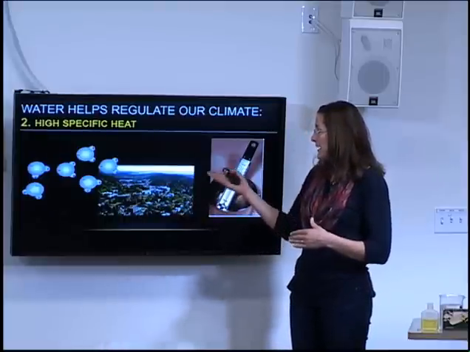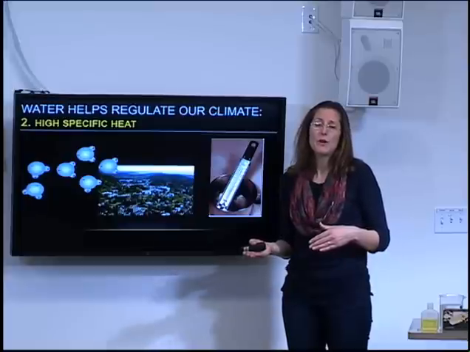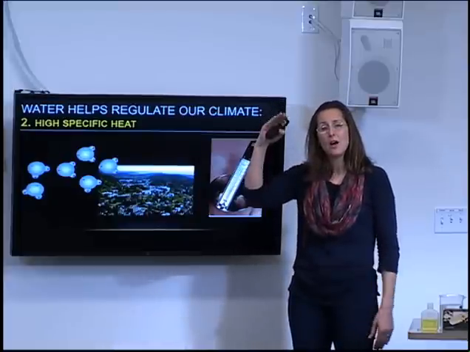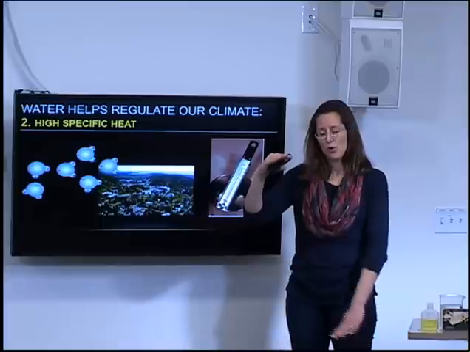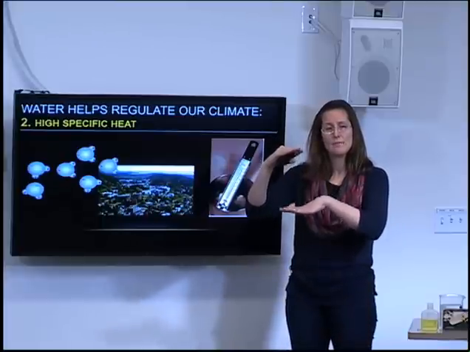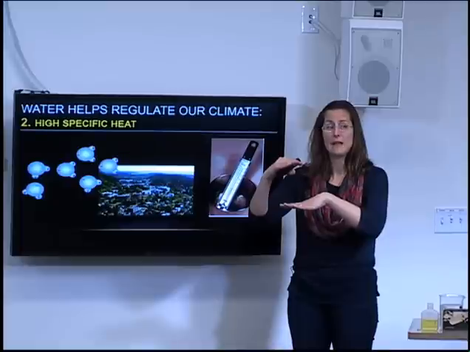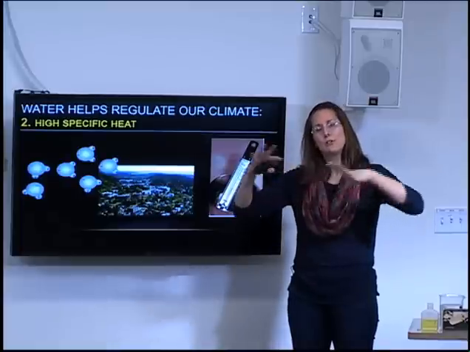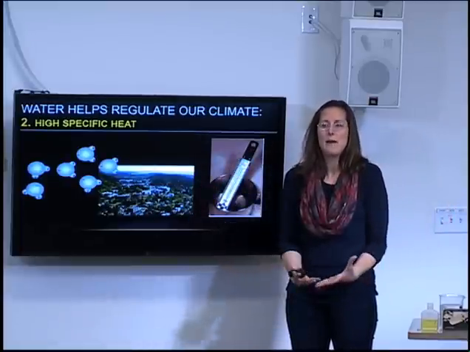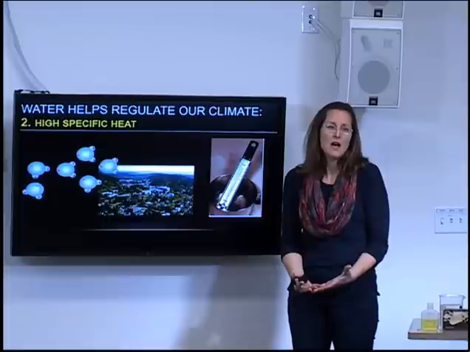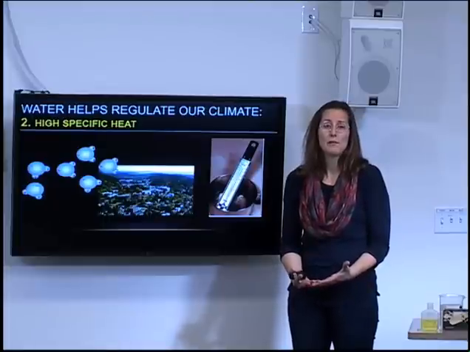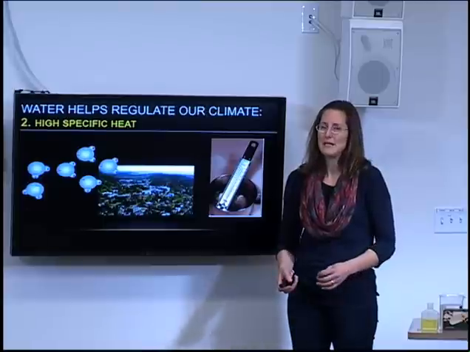If you live in a city that is near a large body of water, your daytime highs are lower and your nighttime lows are higher, so you don't get as much temperature fluctuation because that body of water is buffering that land mass. So you can stretch that out to a global scale and think about the hospitableness of our planet and the role that water plays, and it's because of specific heat.